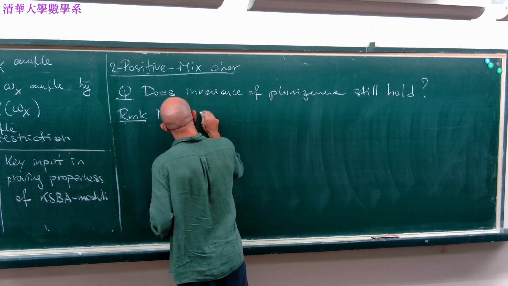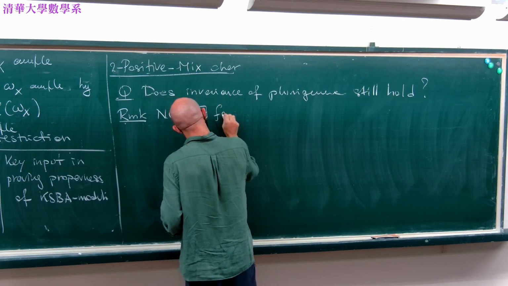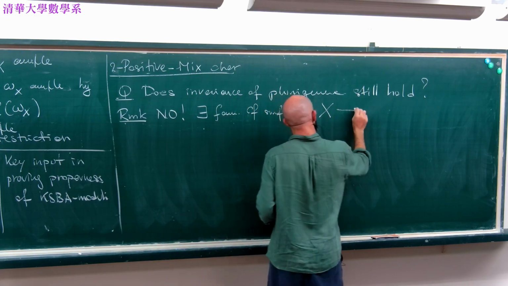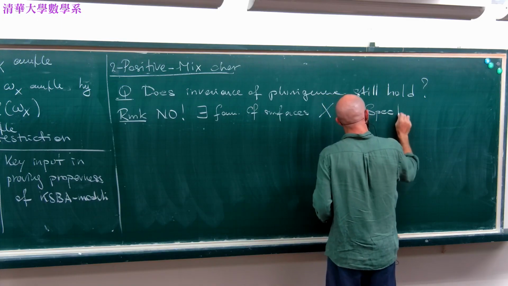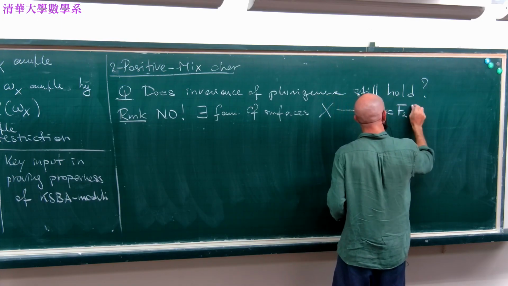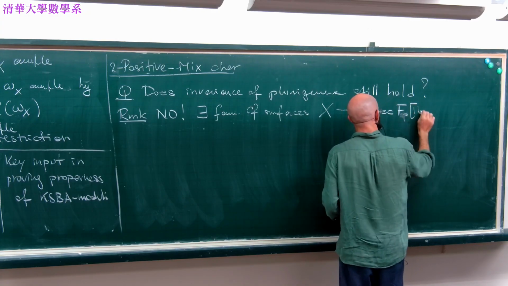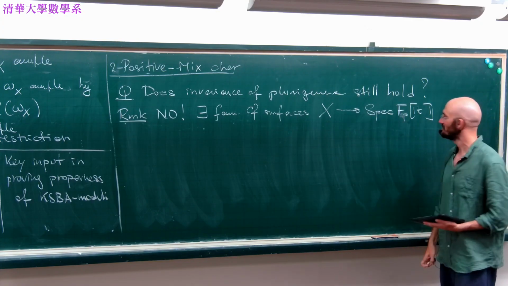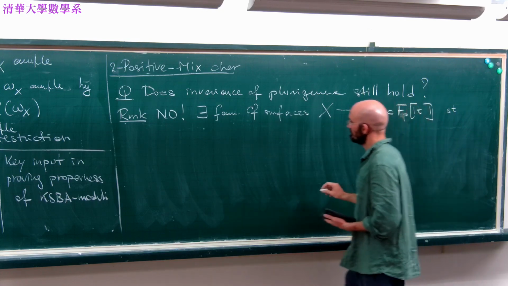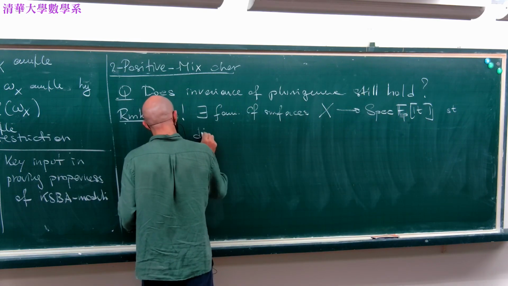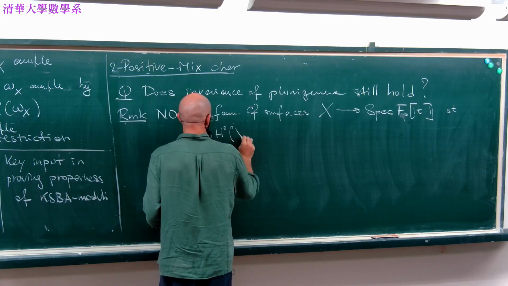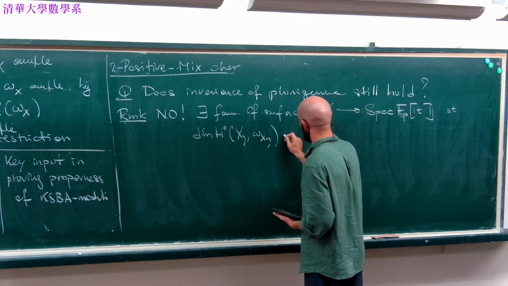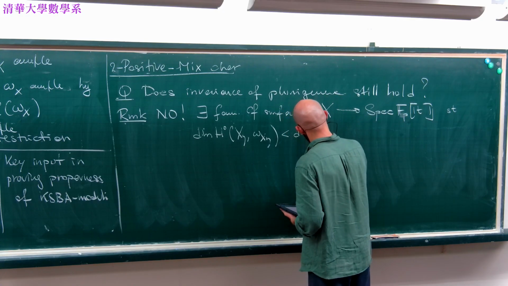So there exist families of surfaces X over, let's say, Spec of F_p[t], the positive characteristic equivalent of a small disk of radius 1, such that the genus of the general fiber is strictly smaller than the genus of the special fiber.